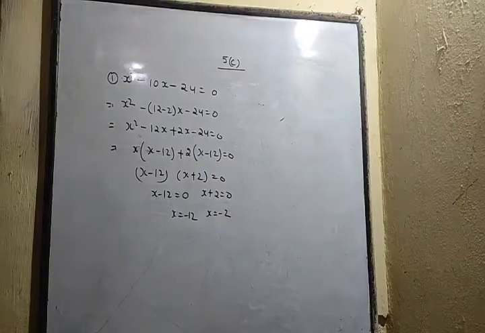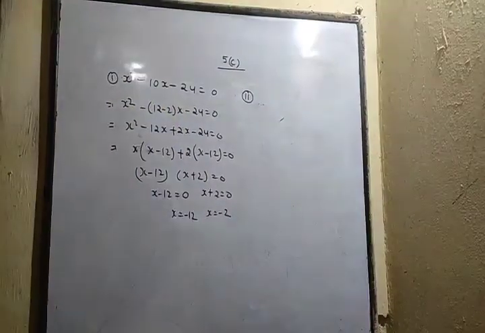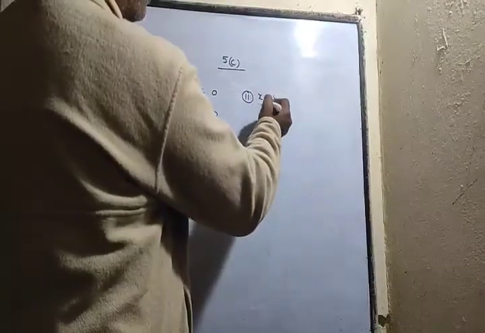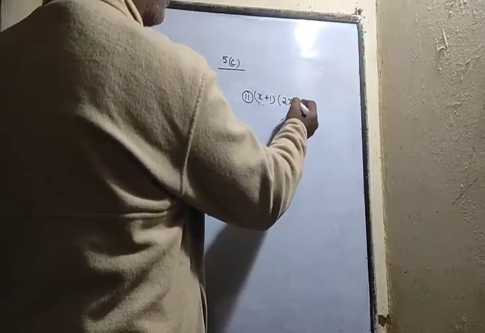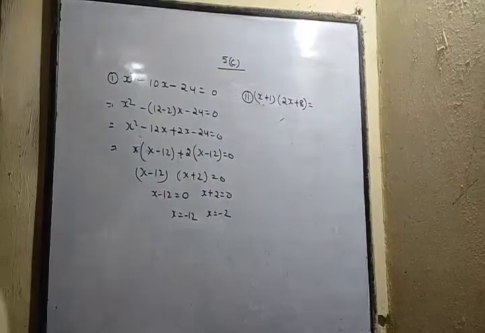That is question number 11, that is given as x plus 1 into 2x plus 8 is equal to x plus 7 into x plus 3.